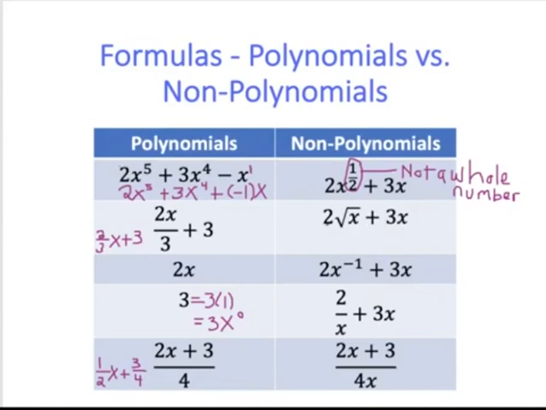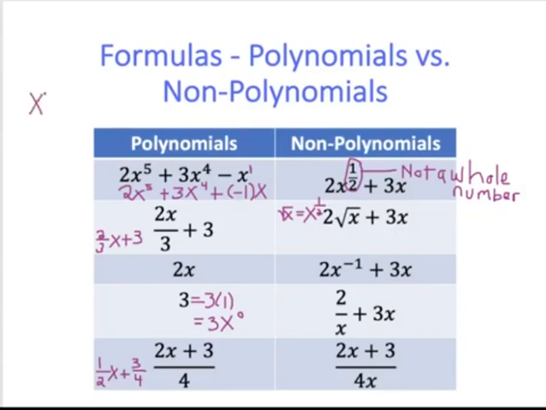Let's look at the next row. Here we have 2 times the square root of x plus 3x. If you remember, the square root of x is equal to x to the 1/2. And in fact, any radical that you have can be written as a fractional exponent. For example, let me just write that rule up here for you.